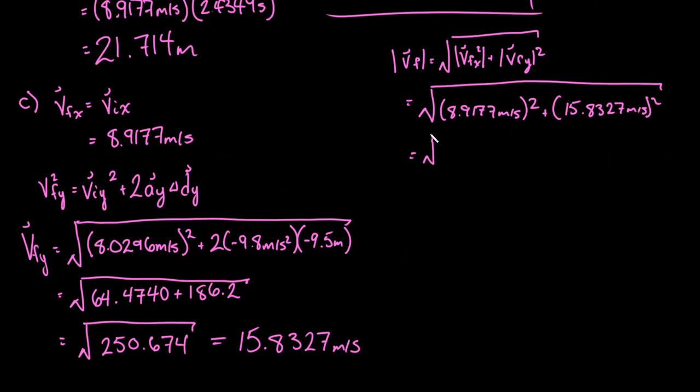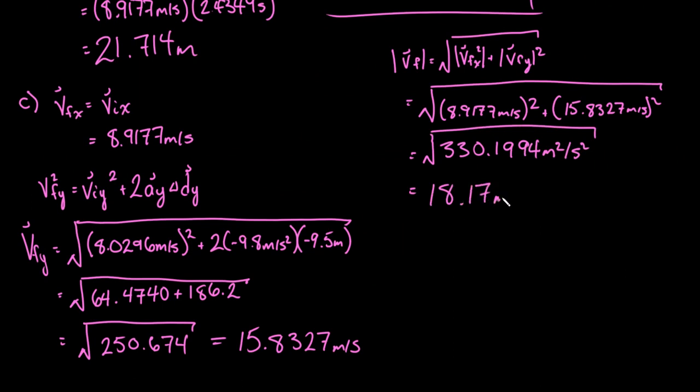Square those two values and add them together. And we get 330.1994 meters squared per second squared, which means that our final answer, if we take the square root of that, is 18.17 meters per second.